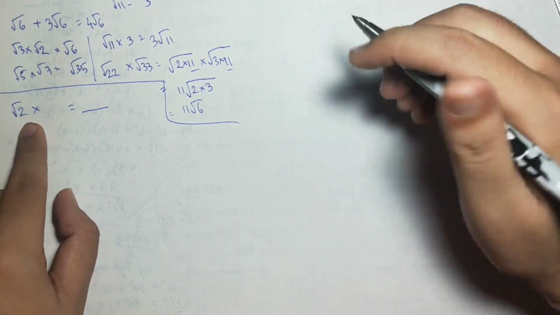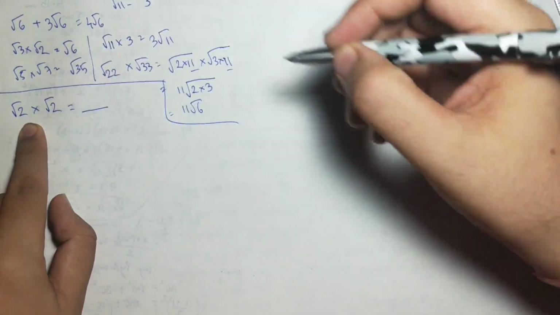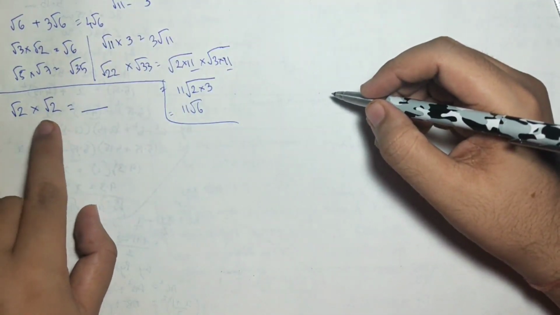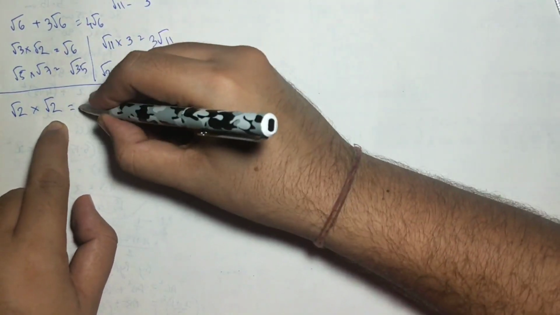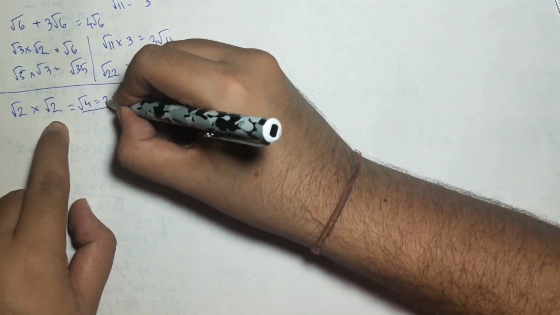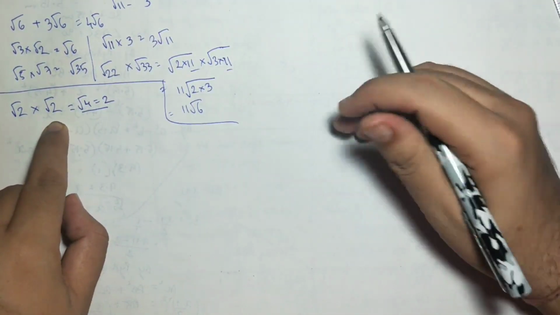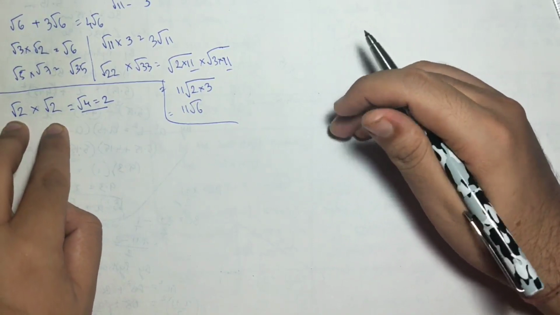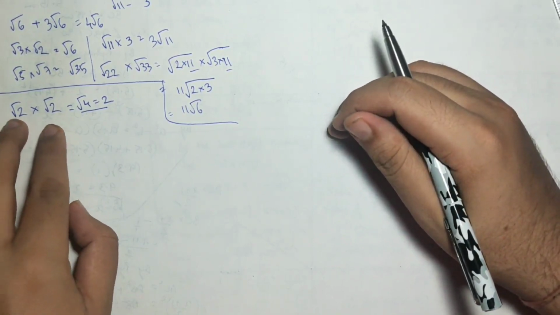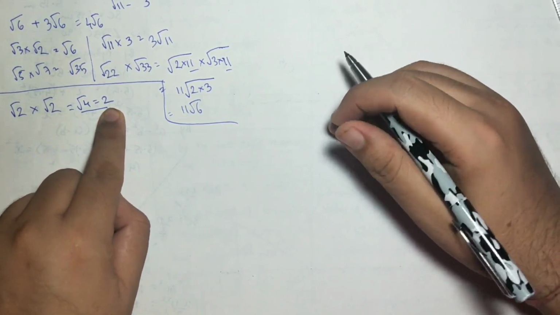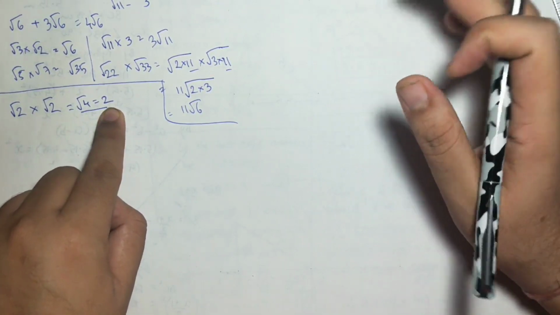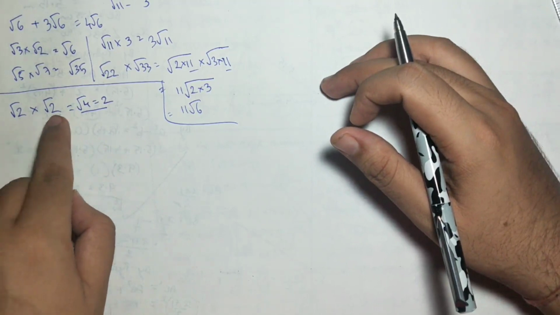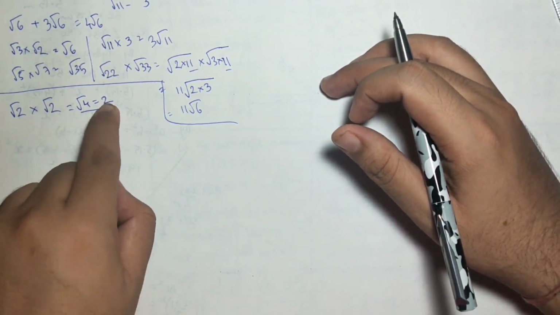If you multiply root 2 with another root 2, this will become root of 4, answer will be 2. That means if you multiply two same irrational numbers, the answer is simply the rational form of that number, removing the under root sign. That is root 2 into root 2 will become 2.